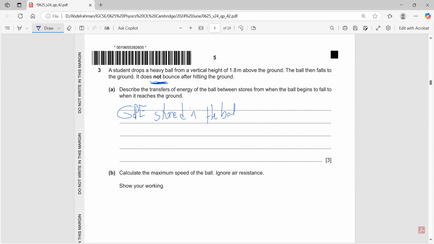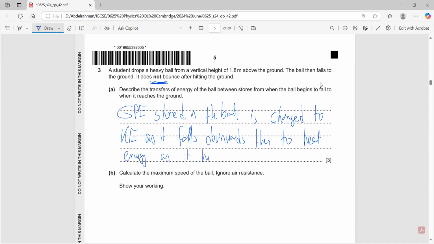This is changed to kinetic energy as it falls downwards, then to heat energy. Sometimes you can say internal energy as it hits the ground.